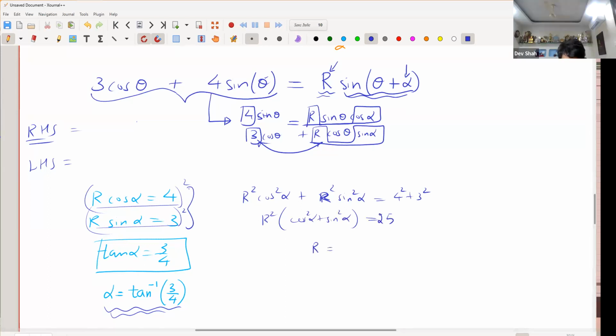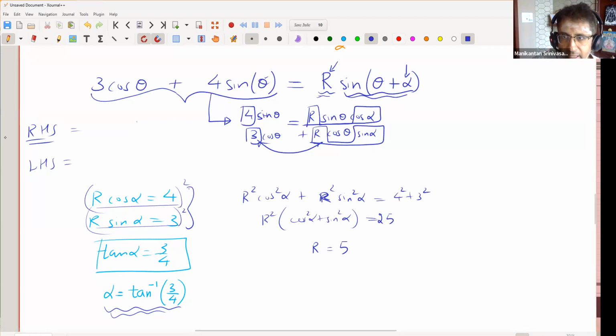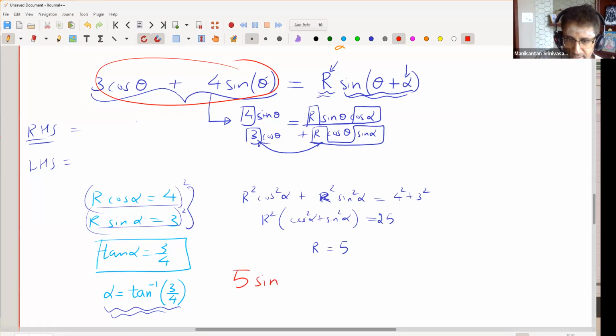So R is generally a positive number. You could argue R could be plus or minus 5, but I'll take the positive root of 25, which means I can replace the entire left-hand side by R, which is 5 times sine of theta plus alpha.